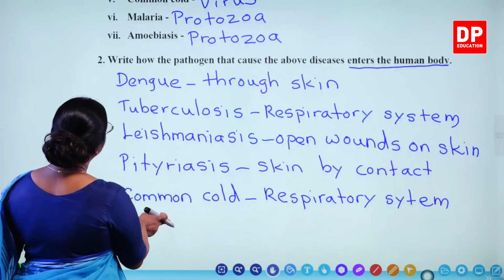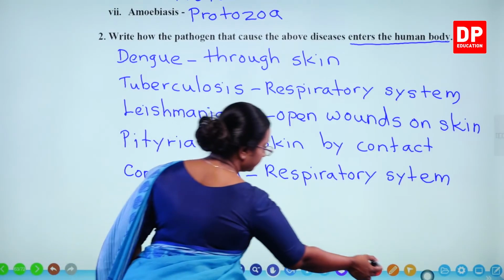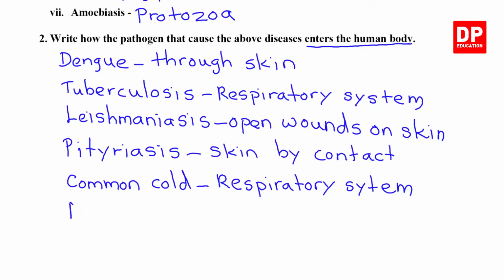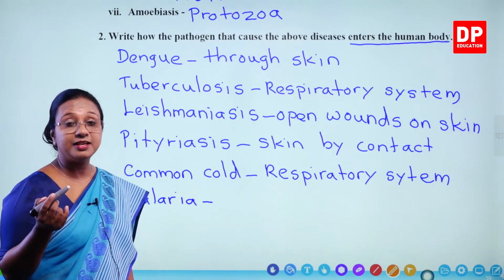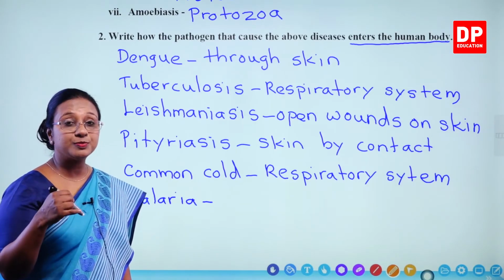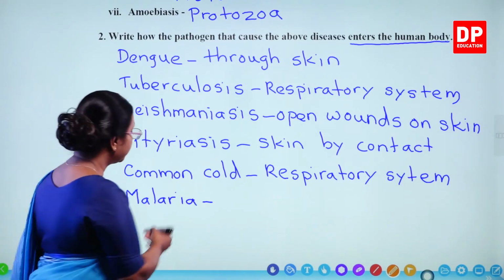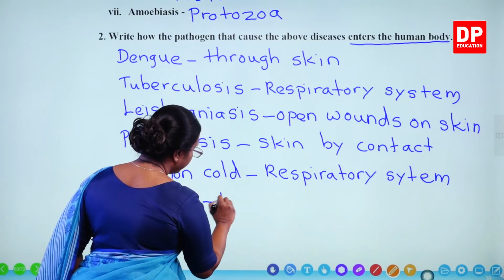Then we have malaria. Malaria, that is again by protozoa. How does it enter our body? When mosquitoes bite, they are the vectors through the skin. So here again through skin.